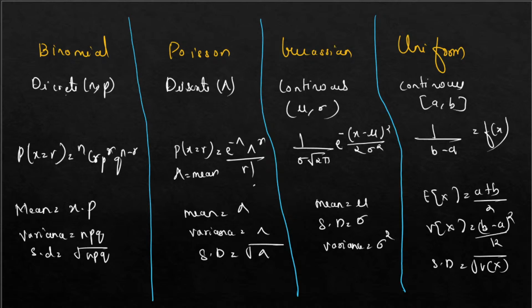After that we will see Gaussian normal distribution also. Okay, so let's see now Gaussian normal distribution, because Gaussian we have already discussed.